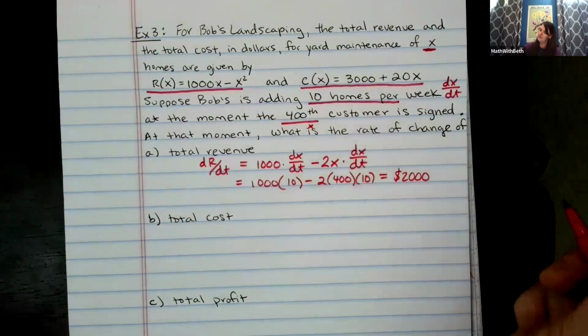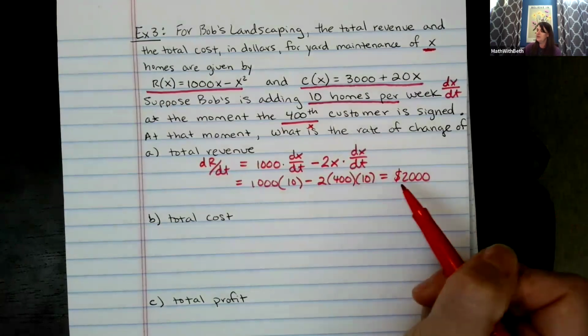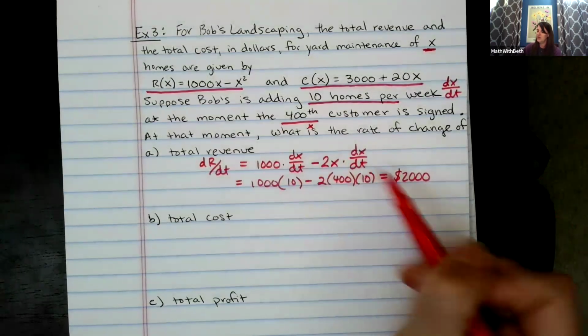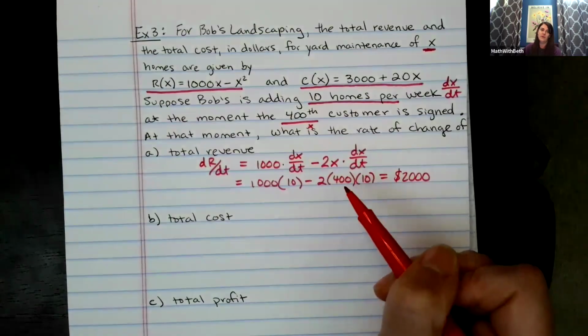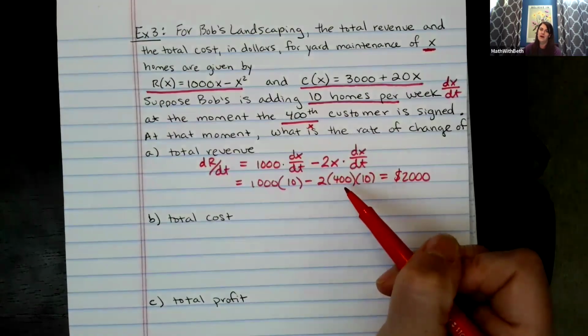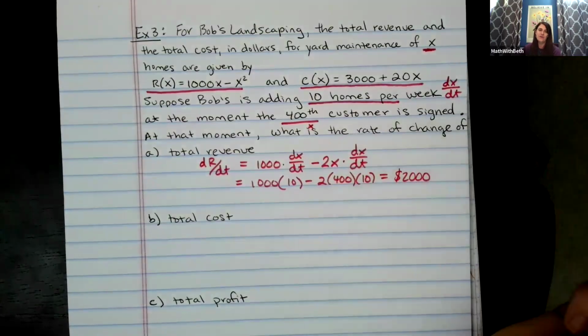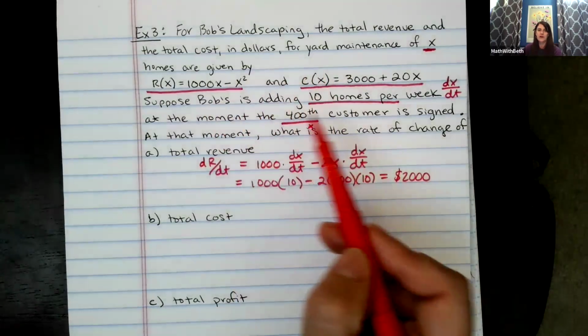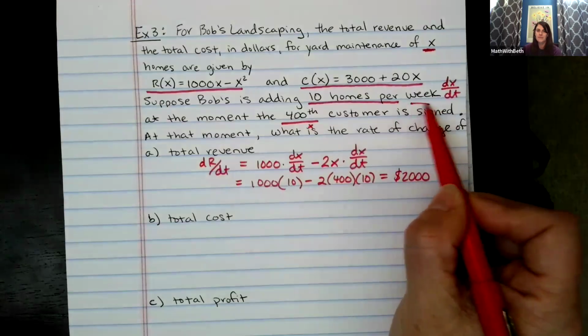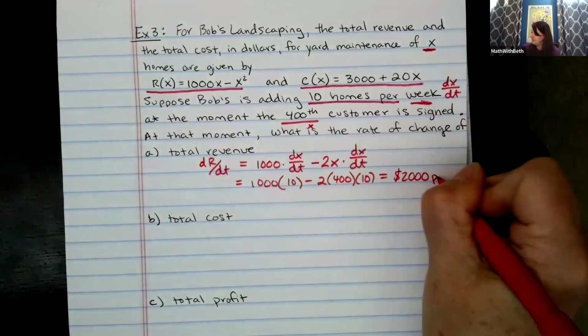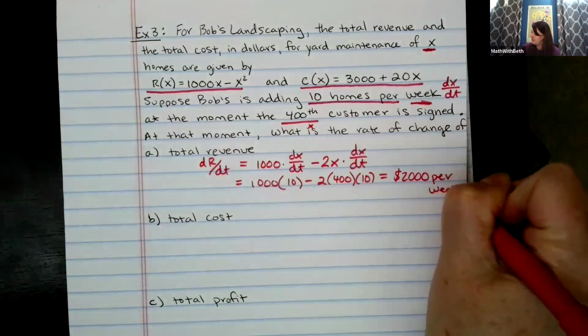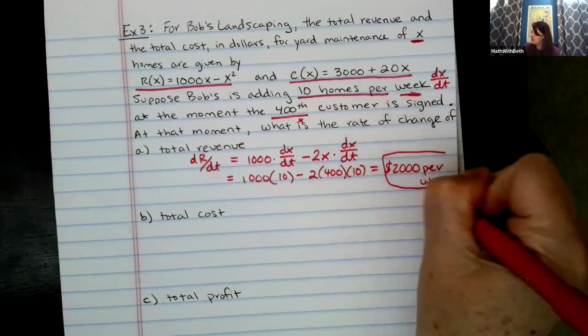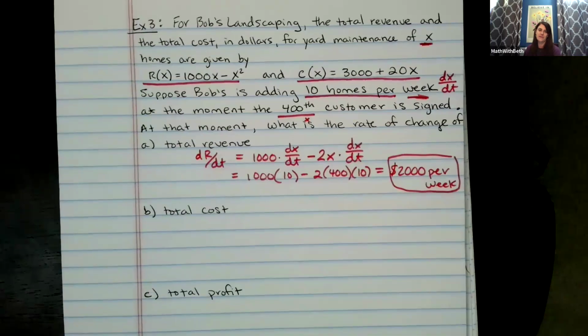So remember, this is money we're talking about. So this is the rate the money is changing when we've had our 400th customer. And it's changing $2,000 per, let's see what type of time we're talking about, per week. So that is the rate the revenue is changing at this time.